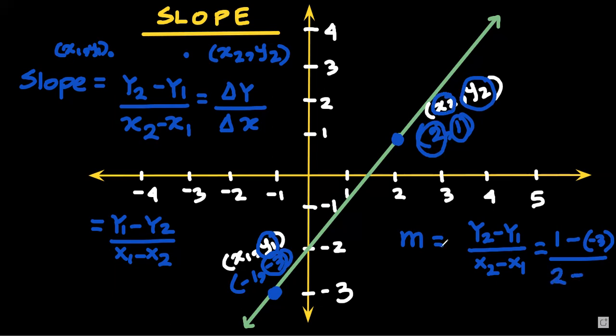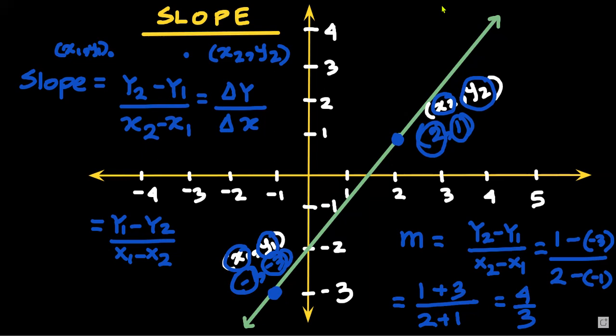So 2 minus what is x1? x1 is -1, minus of -1. So if you write it, 1 plus 3, 2 plus 1, which is 4/3. So your slope is 4/3, right?